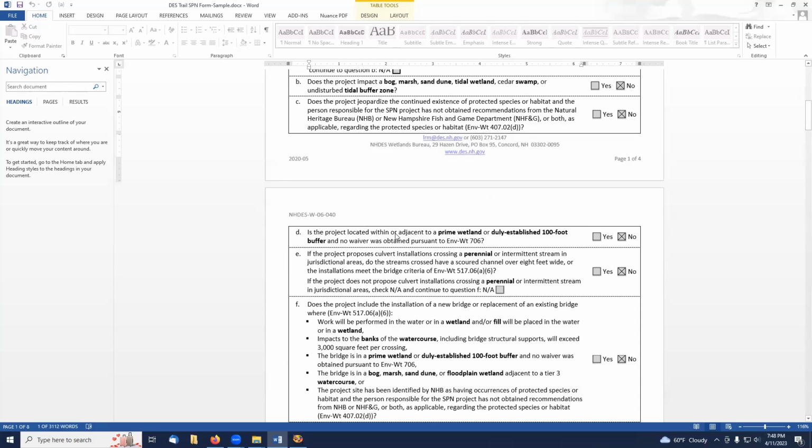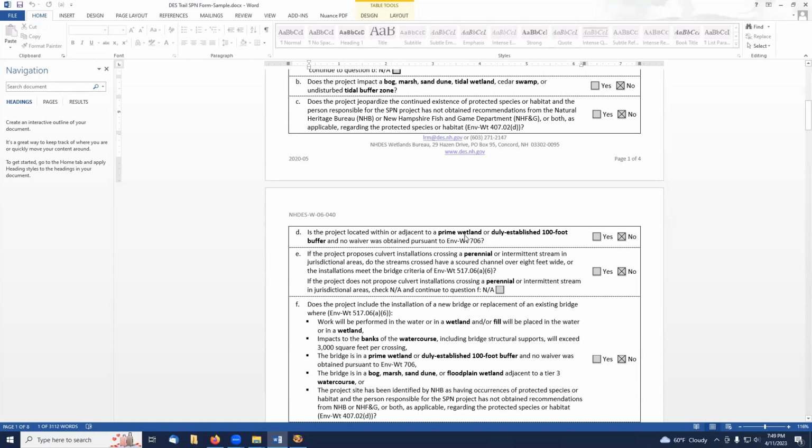D, is the project located within or adjacent to a prime wetland or duly established 100-foot buffer and no waiver was obtained? Answer is no. I can tell you prime wetlands, you ain't going to get permission to go anywhere near those things.